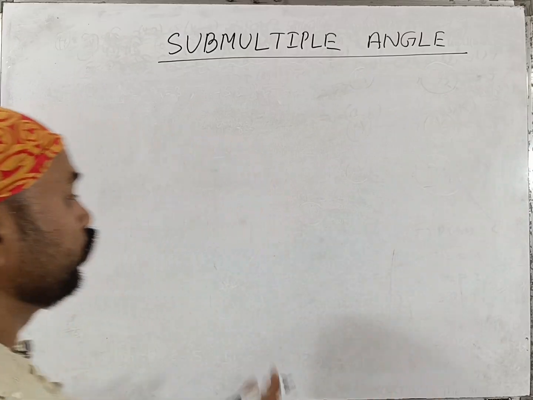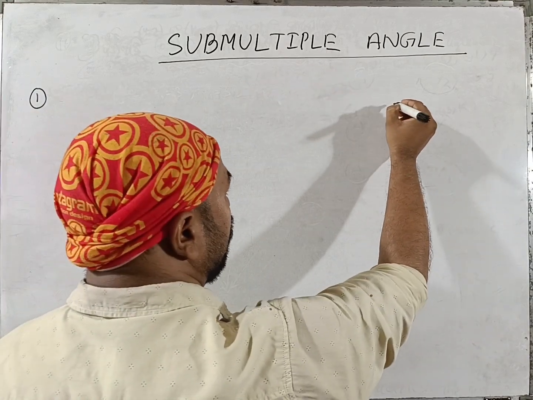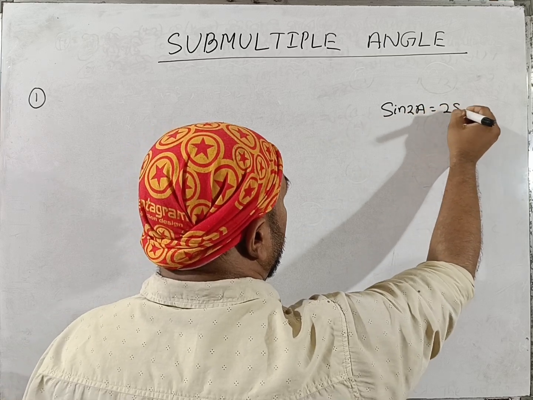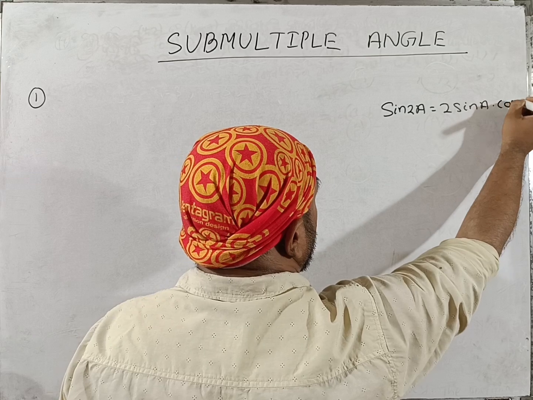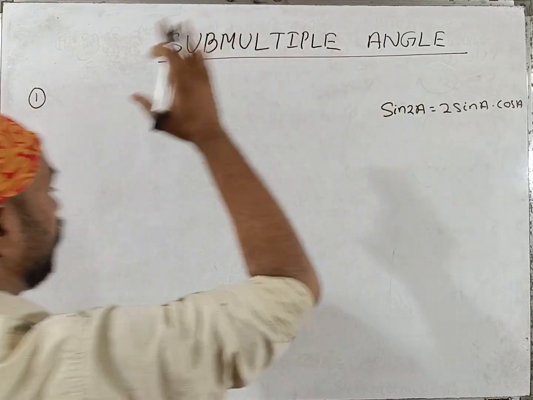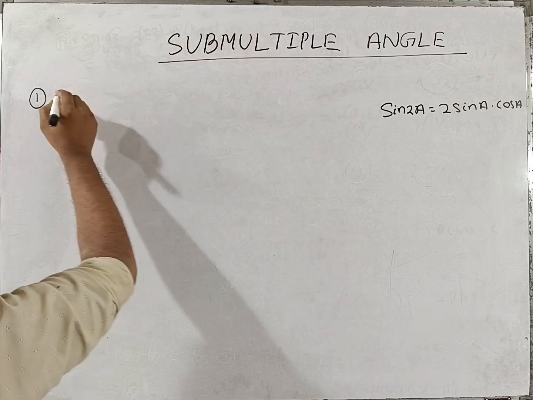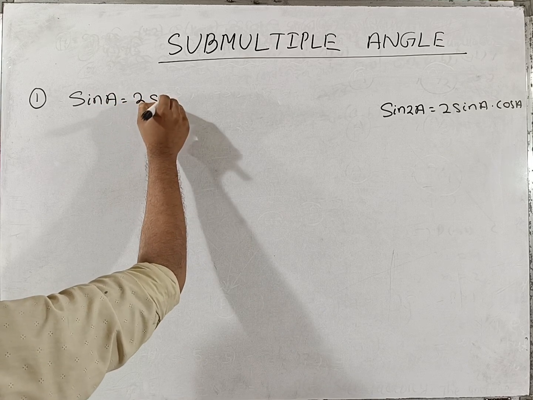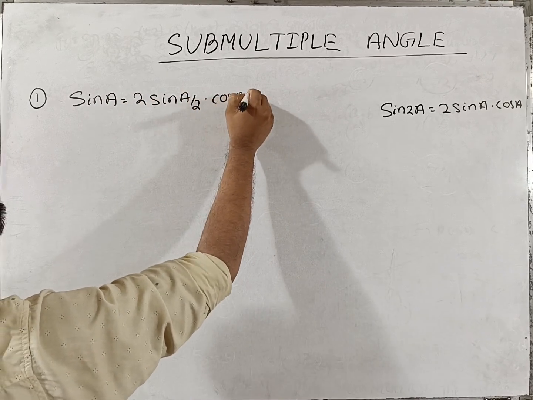So first of all, let us go through the first formula. In the multiple angle topic, we have discussed sin 2A, which is equal to 2 sin A into cos A. So by using this formula, we can write down the first formula of a submultiple angle, that is sin A is equal to 2 sin A by 2 multiplied with cos A by 2.